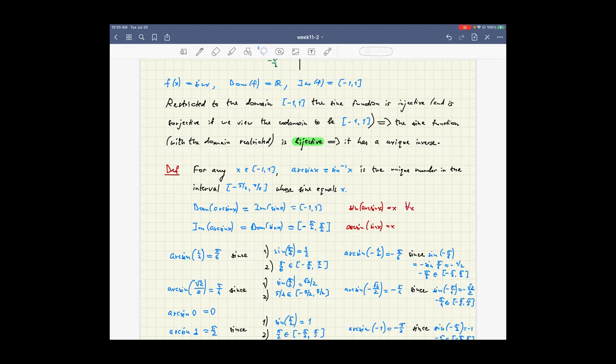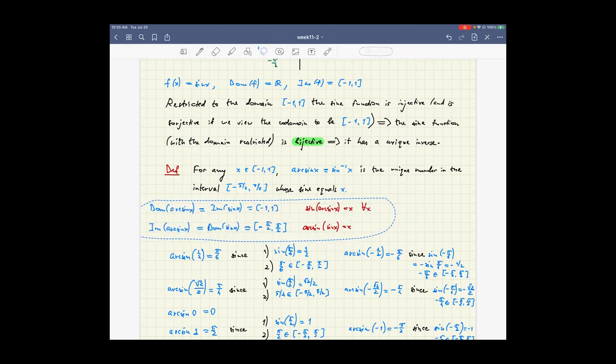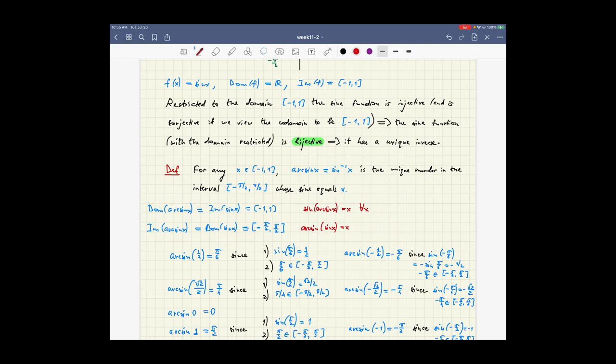The first is for every x in the domain of arc sine, which is also the image of sine, which is simply the interval negative 1, 1. And the second is for every x in the restricted domain of sine, which is also the image of arc sine, which is the interval negative pi over 2, pi over 2.